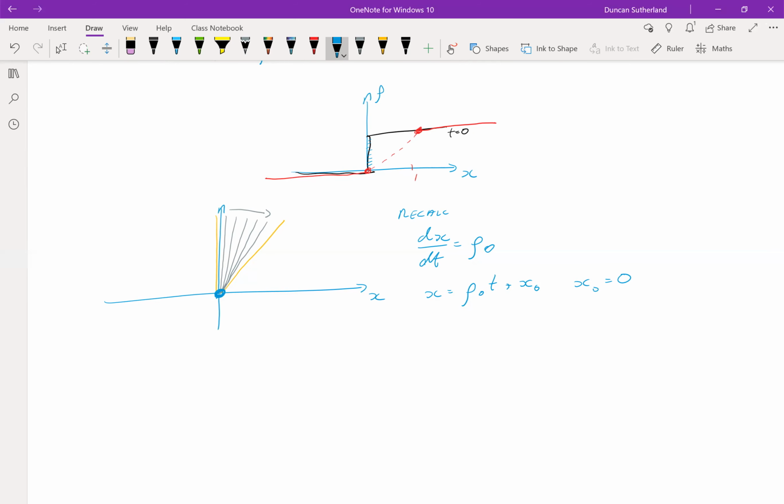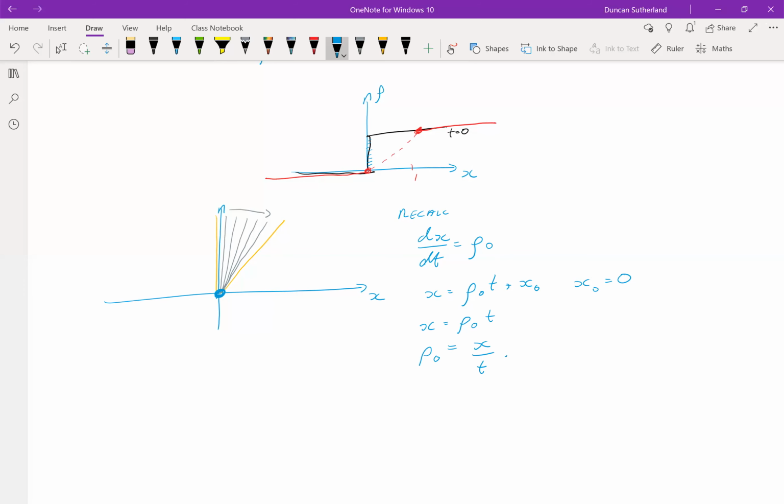Doesn't have to occur at 0, just so happens it occurs at 0 in this example. So you've got x equals rho naught t. Now you can write that as rho naught equals x over t, right? So that's imagining that the density can take all the values possible within this fan.